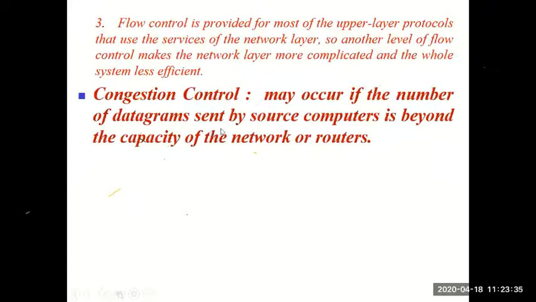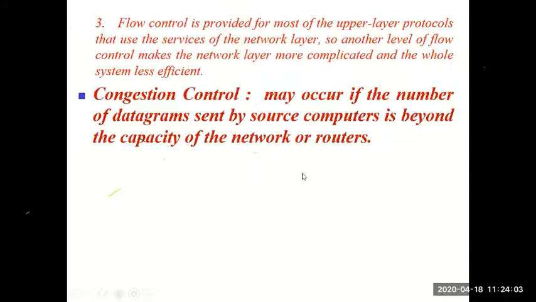So if the buffer size at the router, or the queue, is completely filled, any new packet which comes to that router can be dropped by the router. Usually we call it a drop tail queue. Any new packet which comes after the queue at every router is filled can simply be dropped.